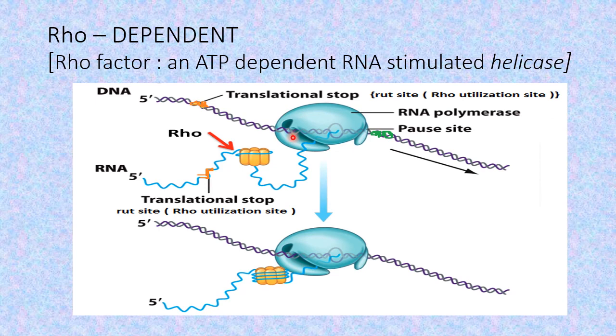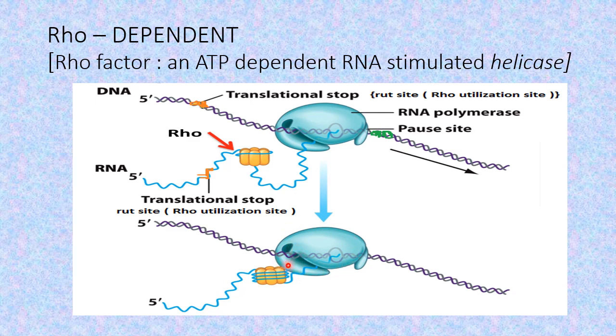Now one more thing happens, and that is that as soon as this RNA polymerase comes across this RUT site on the DNA double helix, its speed slows down, and simultaneously this Rho factor, which binds to the RUT site, moves towards this RNA polymerase, and gradually as it reaches this RNA polymerase, it opens the helical structure between this DNA RNA hybrid, and it sets free the messenger RNA that is being transcribed and sets free this enzyme RNA polymerase.